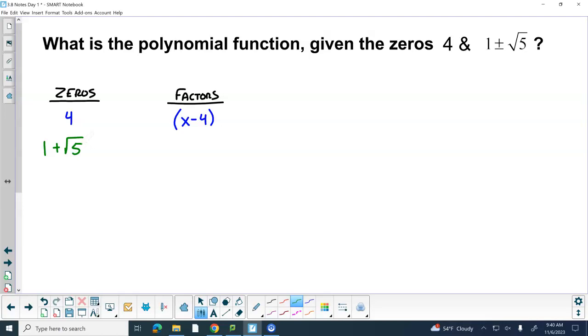It's going to start out with x, yes. But to go back up a step, I'd have to subtract 1 and subtract the square root of 5, right? So this would be x minus 1 minus the square root of 5.